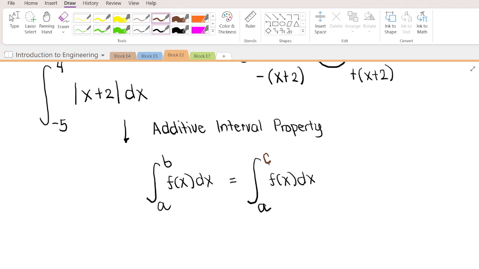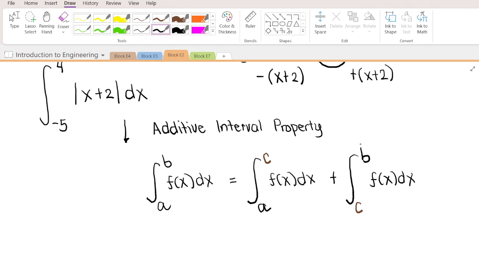This intermediate limit is the one that you have to set that should be in between your a and b. So the middle limit, which is c, should be the upper limit for the first integral. And for the second integral, the middle limit c should be the lower limit, followed by the upper limit of b. Integral of f of x with respect to x from c to b.